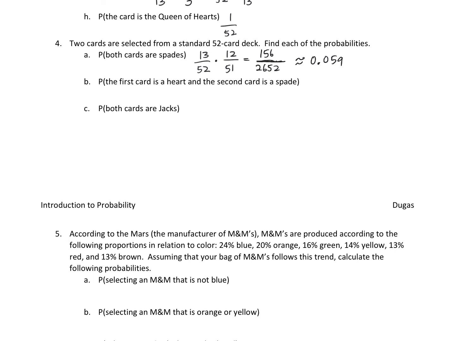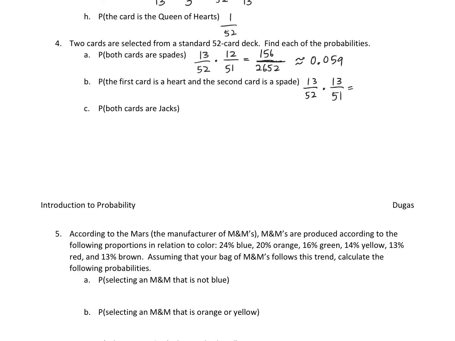All right, part B. Find the probability that the first card is a heart and the second card is a spade. So the first card is a heart. There are 13 hearts and there are 52 cards. The second card is a spade. So we haven't taken a spade yet. We've taken a heart. So there are still 13 spades, but we did take a card. So there are only 51 cards to choose from now.